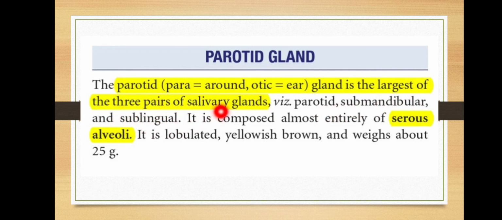Out of these, the parotid gland is the largest one, and it is composed of serous alveoli and it is lobulated, that means it contains lobules. The color is yellowish to brown and the weight of the parotid gland is about 25 grams. So this is the introduction part of the parotid gland.